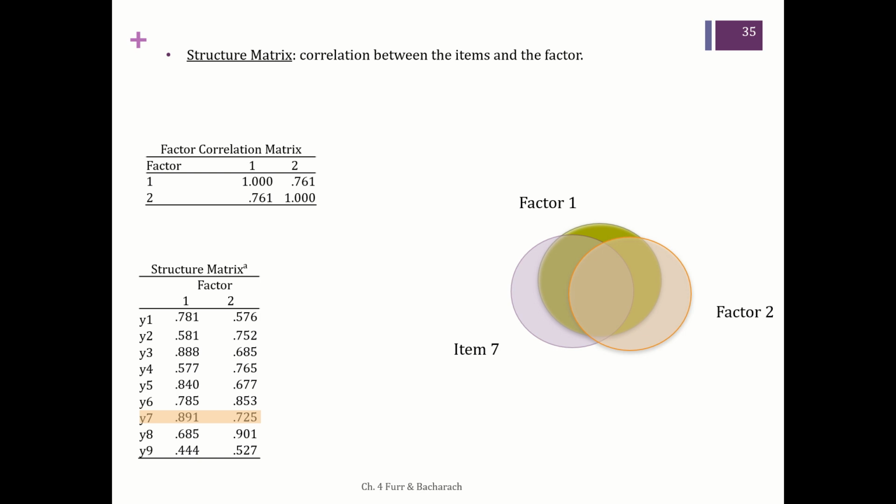So depending on whether we did orthogonal, so non-correlated vectors, Varimax, or non-orthogonal, or correlated vectors, Obli-Min rotation, the output that SPSS gives us is different, which is slightly annoying.